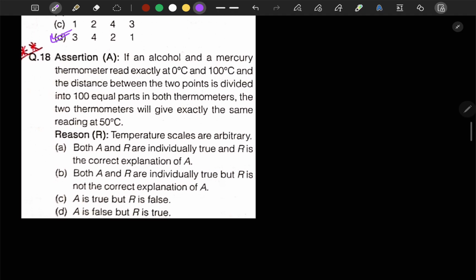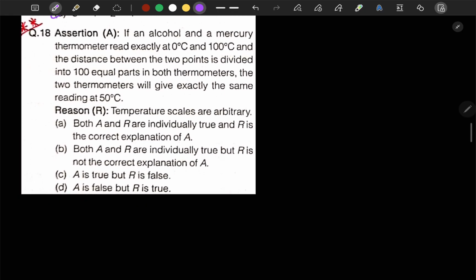Next question: if an alcohol and a mercury thermometer read exactly 0 degree Celsius and 100 degree Celsius, and the distance between the 2 points is divided into 100 equal parts in both thermometers. So the question is like this.